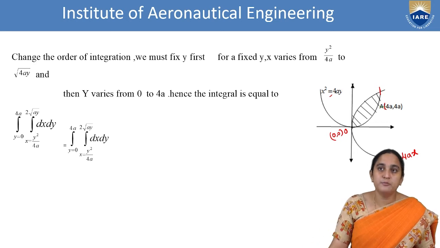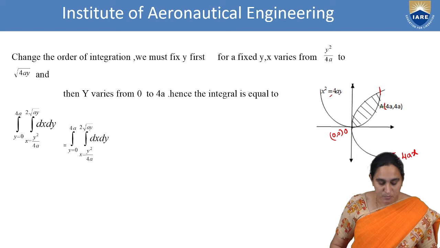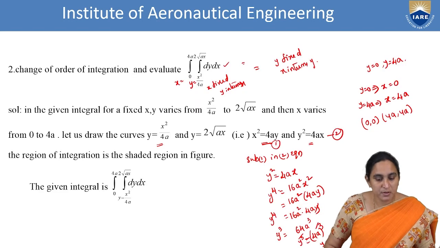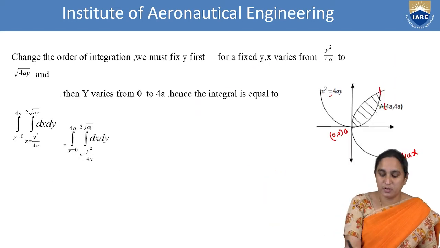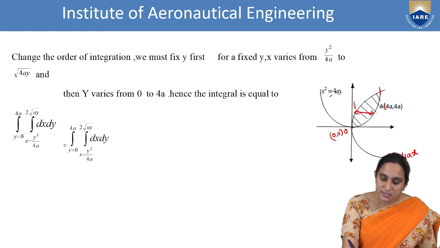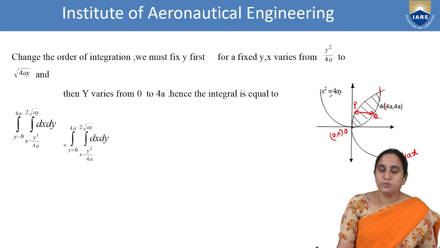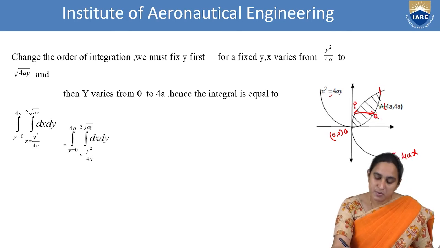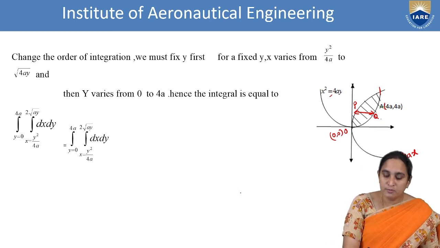How do I take the limit points of x, by using a horizontal strip or a vertical strip? Horizontal strip only. Let us take the horizontal strip here, with this as the point P and this as the point Q. P touches y square is equal to 4ax.